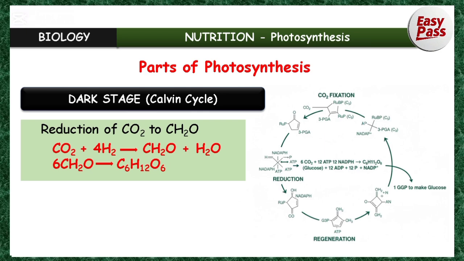And this is actually the carbohydrate, while this is the water molecule. This is very unstable, and 6 molecules of this, 6 CH2O, will definitely give us glucose, C6H12O6, and the glucose is formed in this process.